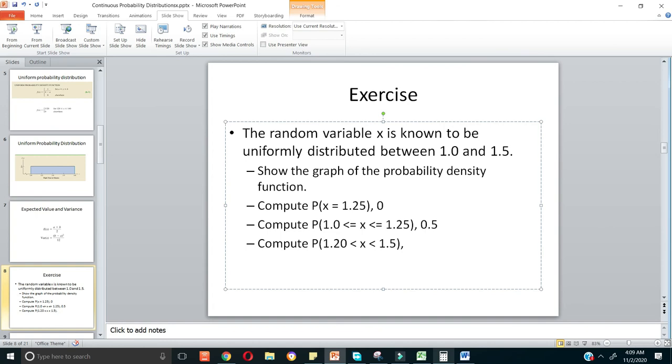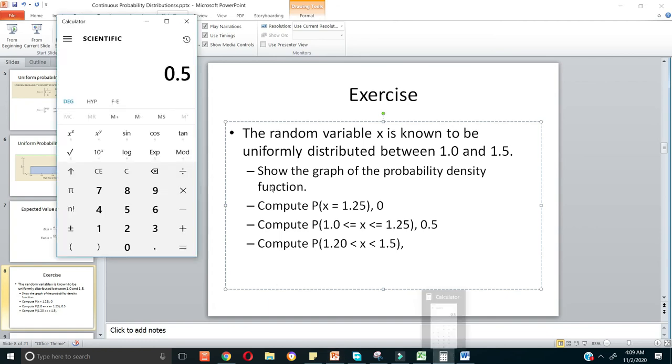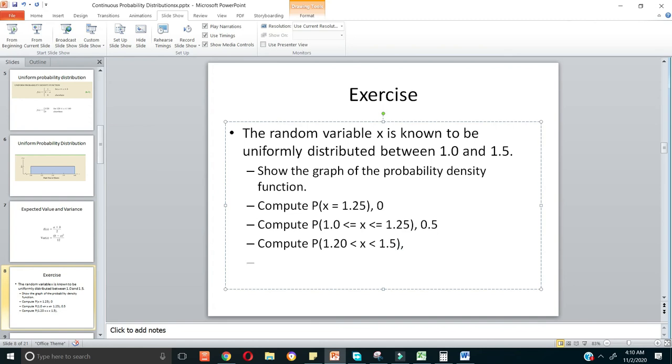Then you want to see the probability that x is between 1.19 and 1.5. How can we do this? We can get the nearest value. So let's rewrite this, because I need a less than or equal to, right? Let's do 2 decimal points. So the probability is 1.19 less than or equal to x less than or equal to 1.49.